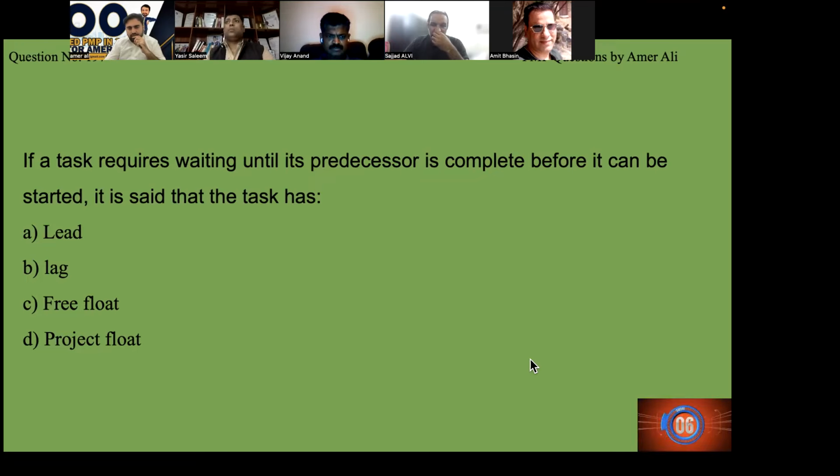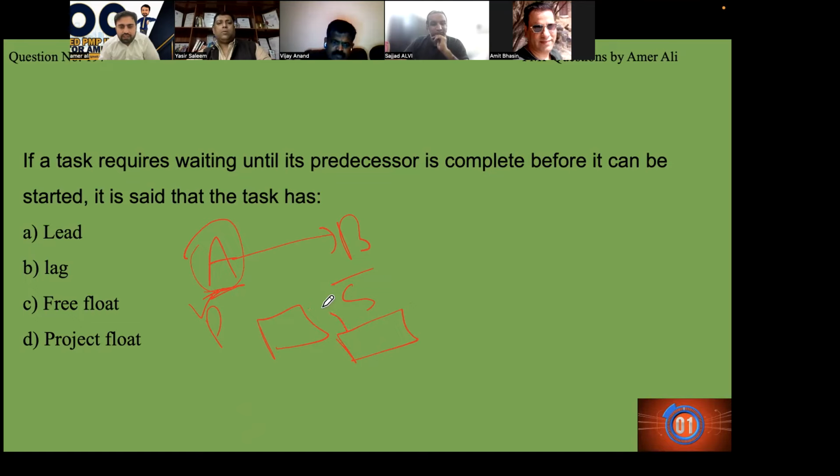Lag, lead, lag, lead, lag. Just to put it in context, if there are two activities, activity A and B, this is called the predecessor, this is called the successor. The activity that comes after, and the activity that comes before.